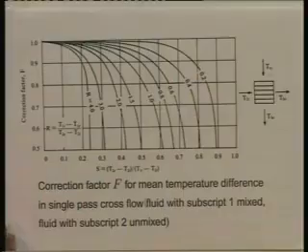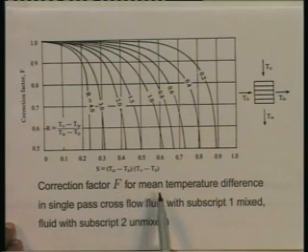Now, let us look at the next results. I am just showing these results which are to be used for actual calculations. The next figure shows the correction factor F for mean temperature difference in single pass cross flow, fluid with subscript 1 mixed, fluid with subscript 2 unmixed.